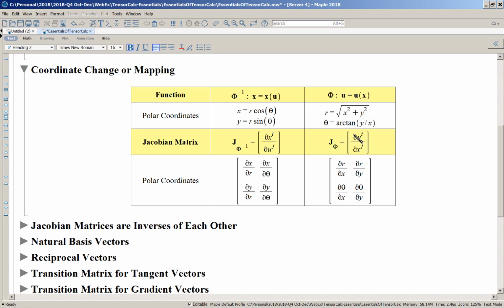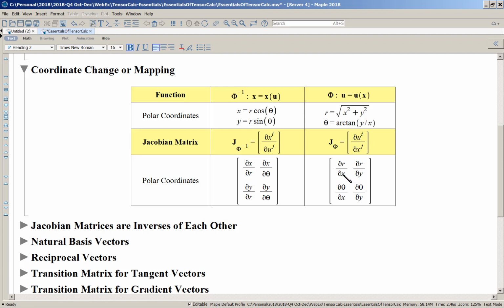So this is a representation of the Jacobian matrix, and we'll see this many more times, and it would look like this in r, theta, x, and y notation. So u1 differentiated with respect to x1. u1, in other words, the upper script here in the numerator is a row index.